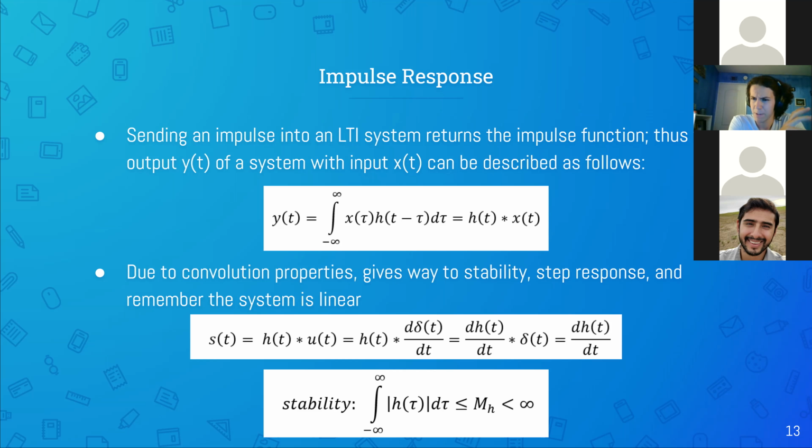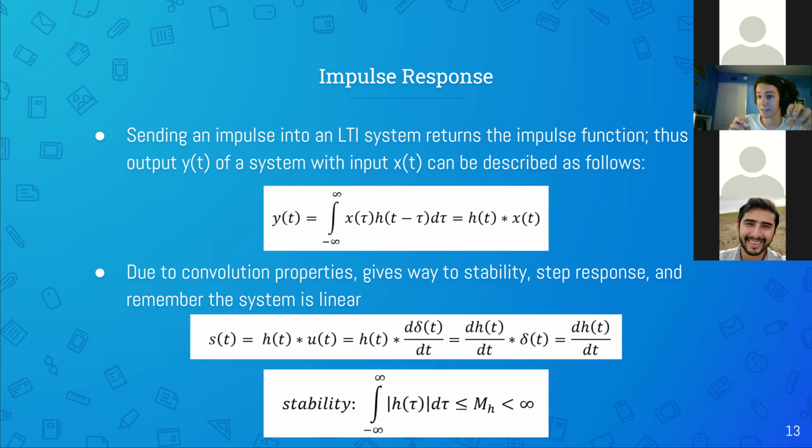When you convolve, maybe I should be a little more clear. When you convolve some function with a delta function in general, you get whatever function you convolved with the delta function out. So if I were to convolve x of t with delta of t, I would just get x of t out, right? It would be like multiplying x of t by 1 is the idea there. So when we have a system, and we know that system's operation is to convolve with some h of t, we know that what that system effectively does is it takes my signal and does a convolution of some signal h of t with whatever signal I input, x of t.